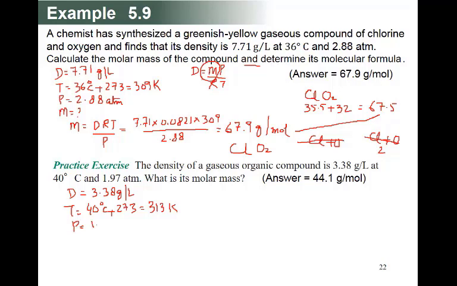Directly it is in atmosphere, so no need to change.